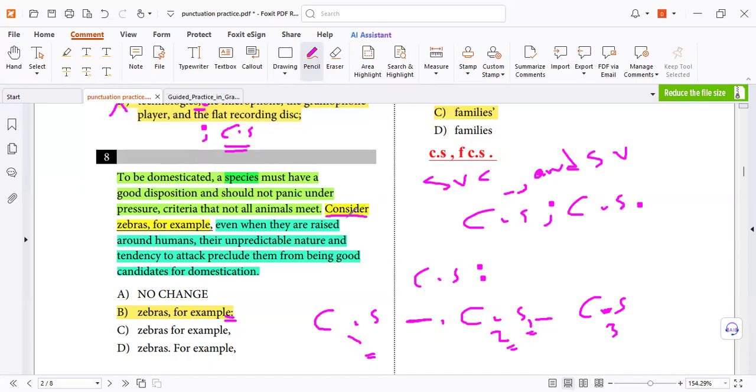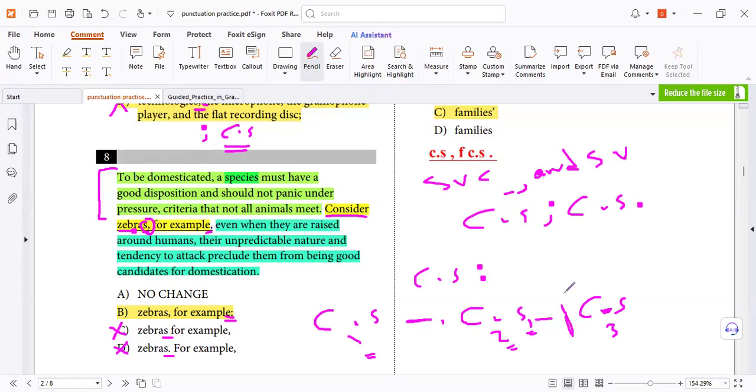Now, this sentence is an example to the previous one. The writer wants to add it to the end of it. So this comma is correct. So we need a comma in this part. Here we don't have a comma. Here we don't have a comma. So wrong. Now we have a problem. Do we need this comma? Wrong. Why? Because it's not at the beginning of the sentence. It's at the end.